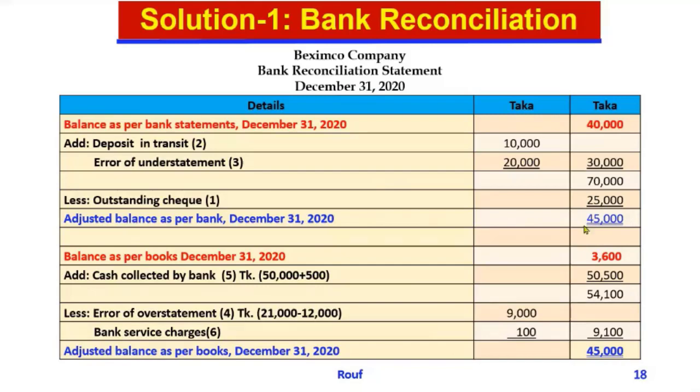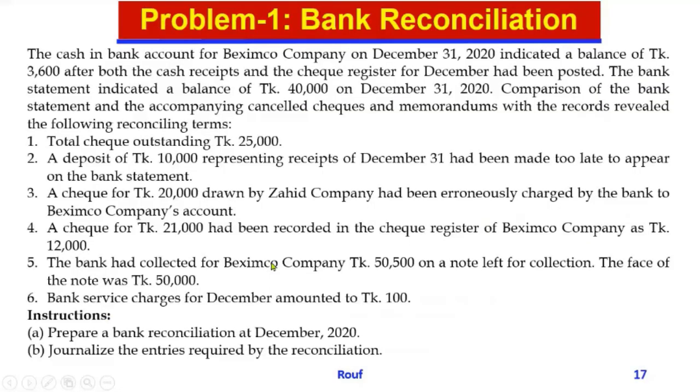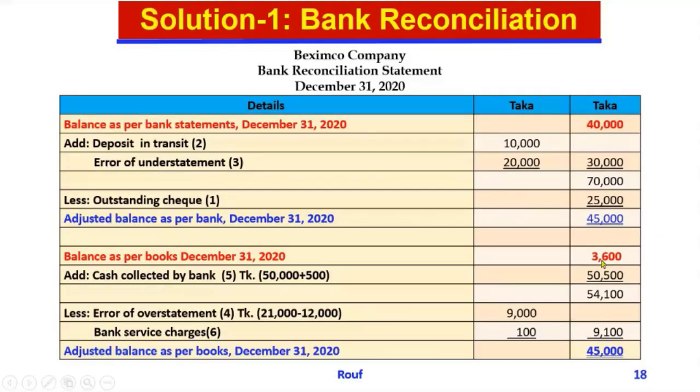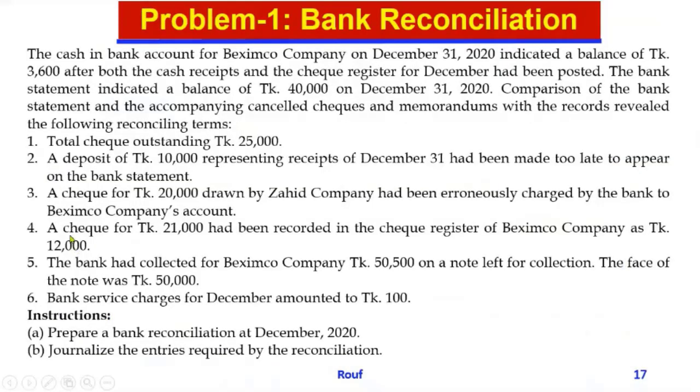The other part, balance as per book or company December 31st, 2020, টাকা 3,600. This is the balance of the company books. And the other three items. A check টাকা 21,000 had been recorded in the check register of Beximco company as টাকা 12,000.